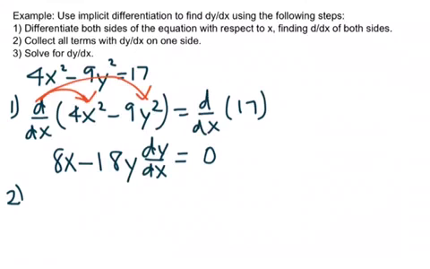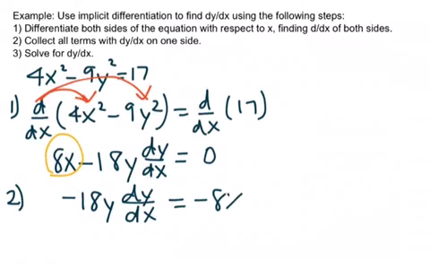Step 2 says to collect all terms with dy/dx on one side. So notice here, negative 18y dy/dx is the only term I want on the left. If I subtract the 8x on both sides, I get that equal to negative 8x. Step 3 says to isolate dy/dx. So in order to isolate dy/dx, I'm going to divide by negative 18y on both sides of my equation.